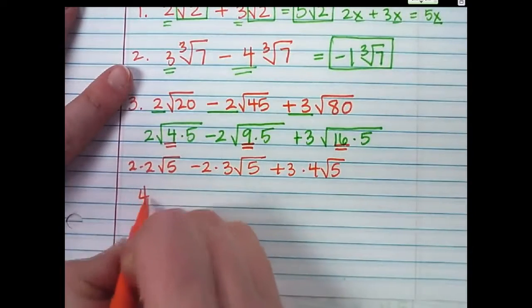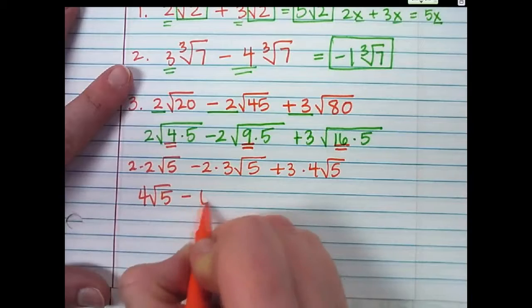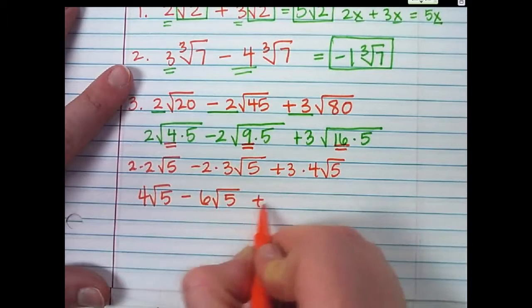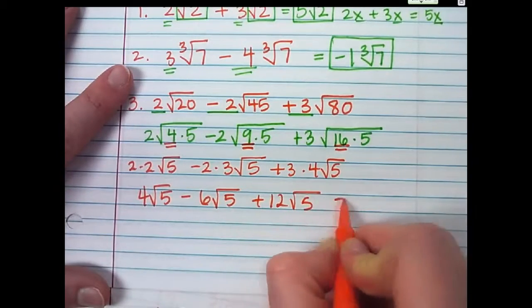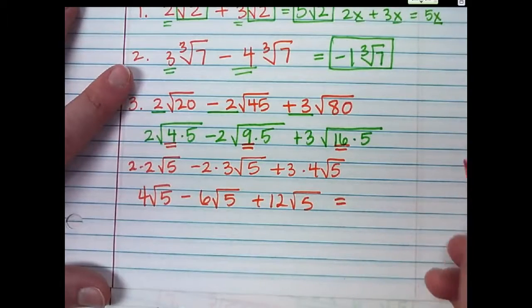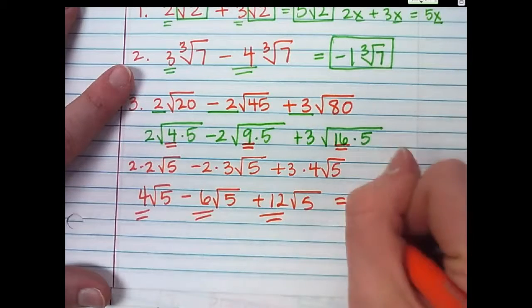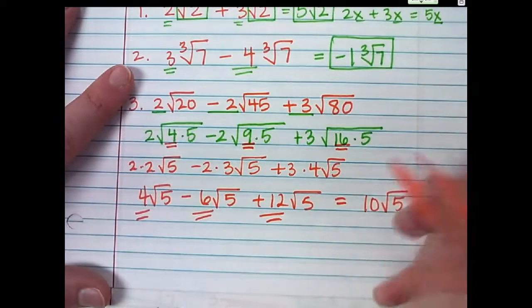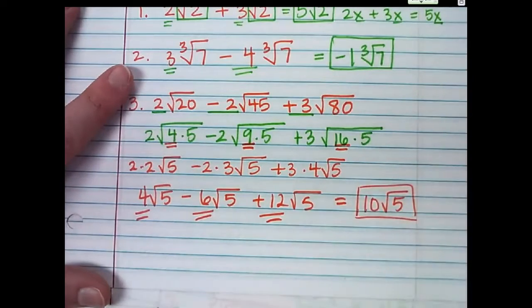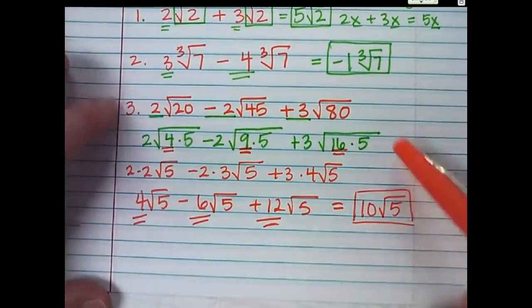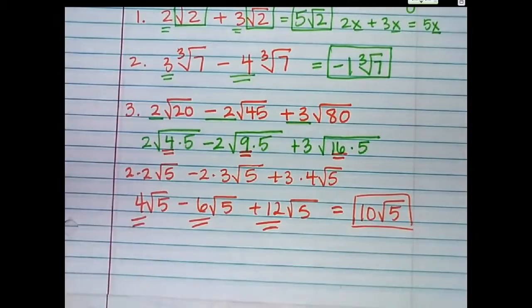So we get 4 square root 5 minus 6 square root 5 plus 12 square root 5, which is 4 minus 6 plus 12, 10 square root 5. That's really as bad as it gets adding and subtracting right there. Okay, then the last thing is multiplying radicals.